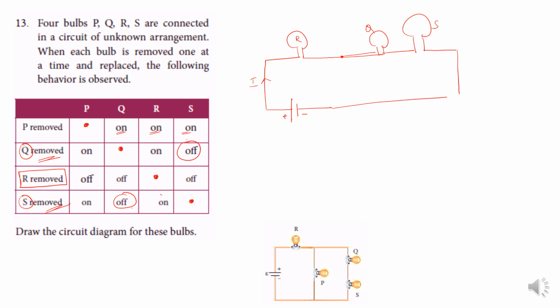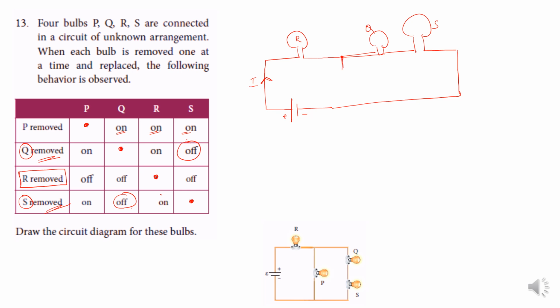P is not there. Even if P is not there, all the 3 are in on condition. So the current is drawn from here. See, it is like resistors in series, so it flows through all the bulbs. But P has to come somewhere. P does not hold any role in turning the bulbs off, but it is also there.